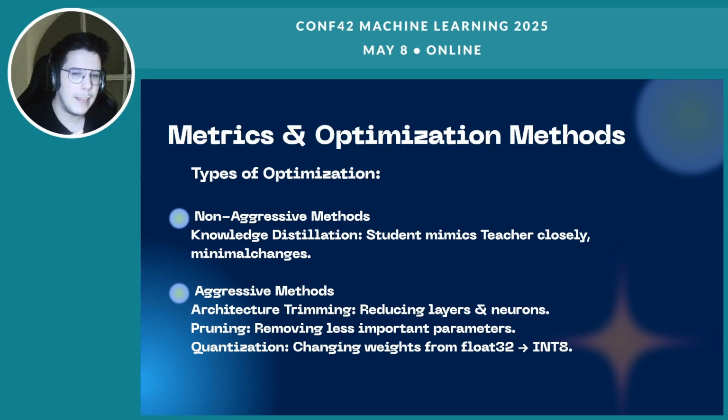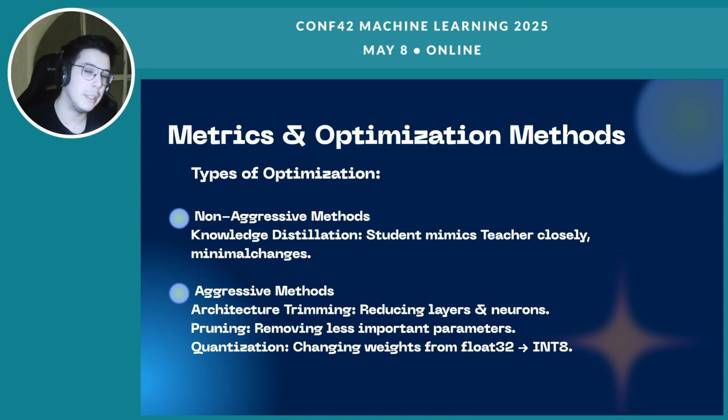Let's start with defining what we actually consider aggressive methods and non-aggressive methods. Let's start with non-aggressive methods, because there is really only one that we can specify today, which is knowledge distillation. It is the technique where the student mimics the teacher model closely, without any changes at all to the architecture.